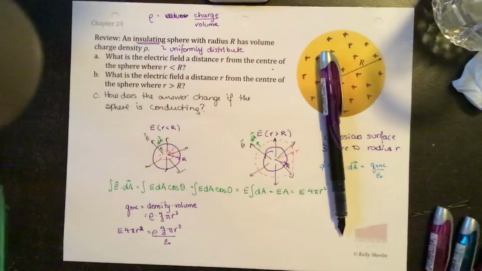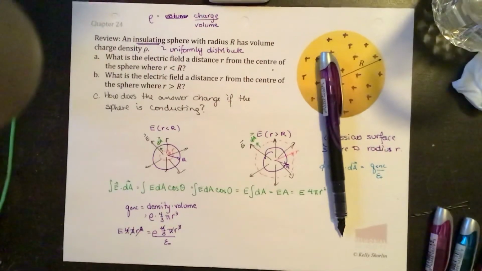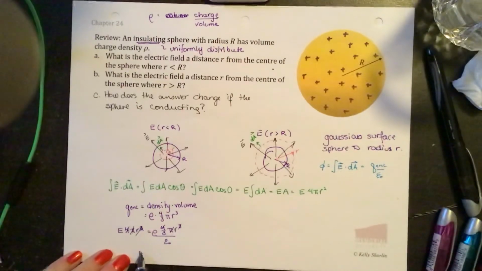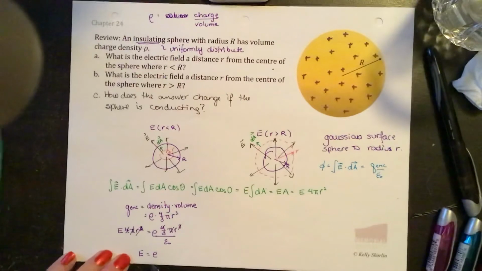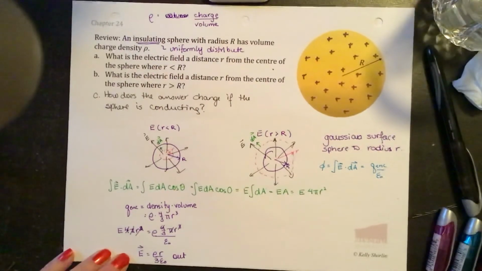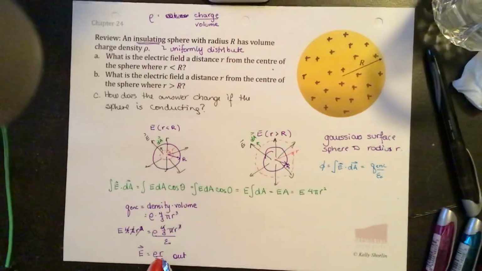We get some things to cancel in here. 4's cancel, pi's cancel, r squared cancels with 2 of those r's. And we're left with our electric field equals rho, the charge density, times r over 3 epsilon naught. It is a vector and the direction it points is outwards when the charge is positive. Okay, so that's my electric field when I'm inside the sphere.